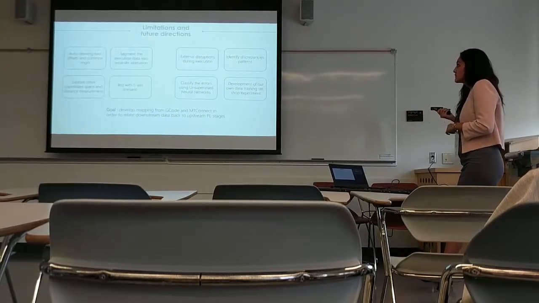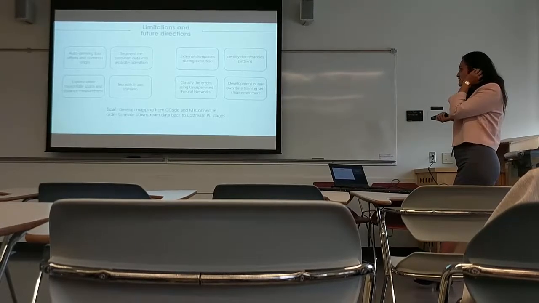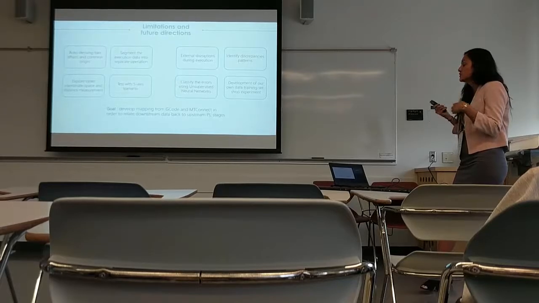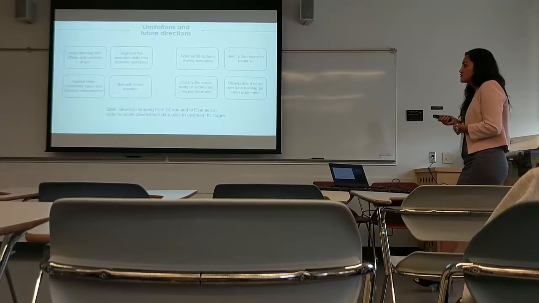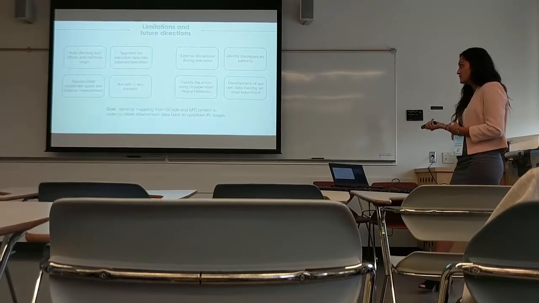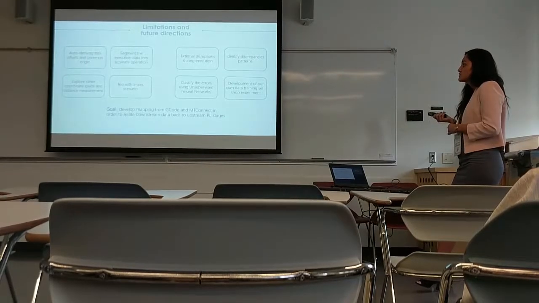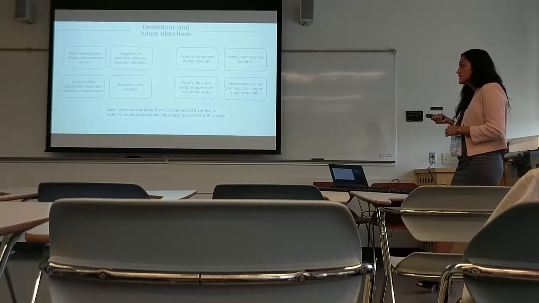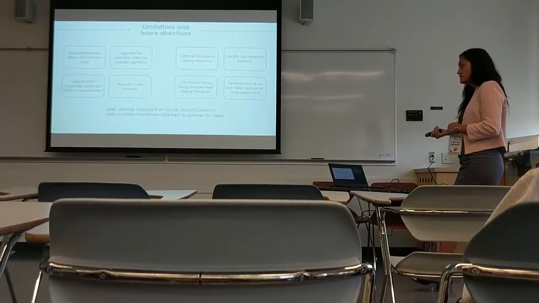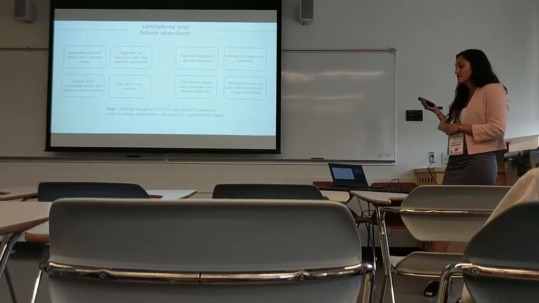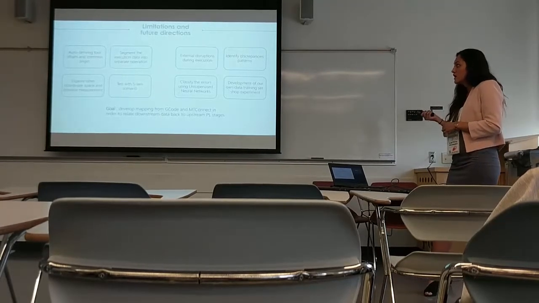So, in the future directions that we are taking, we will first try to develop the algorithm, so find a way to derive the tool offsets automatically, so we won't need any prior insight.